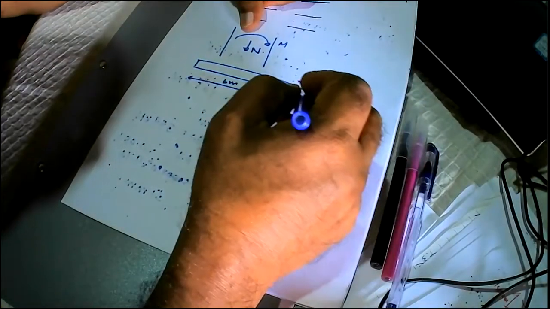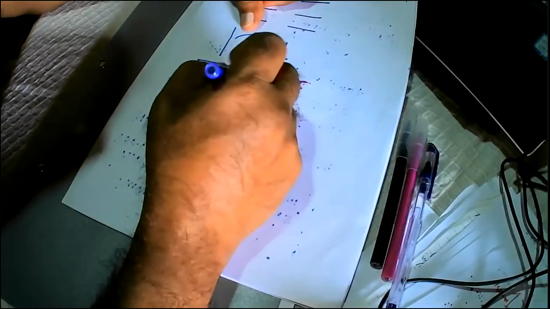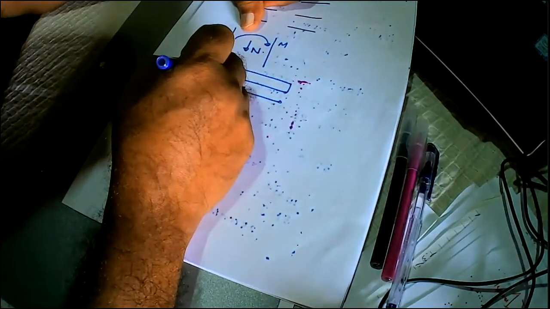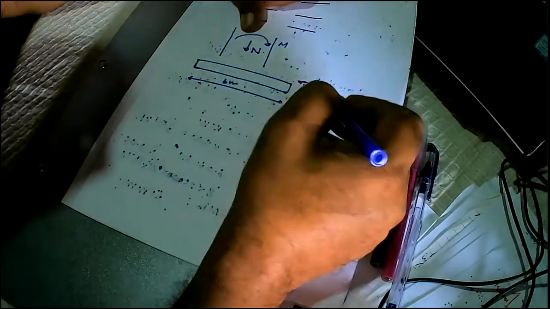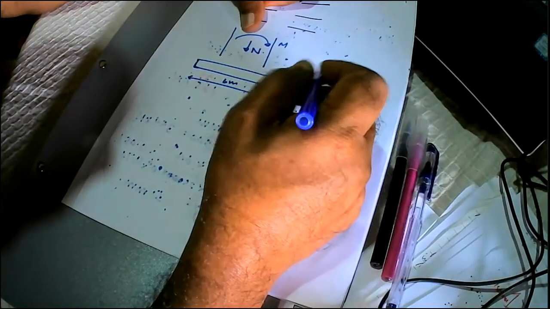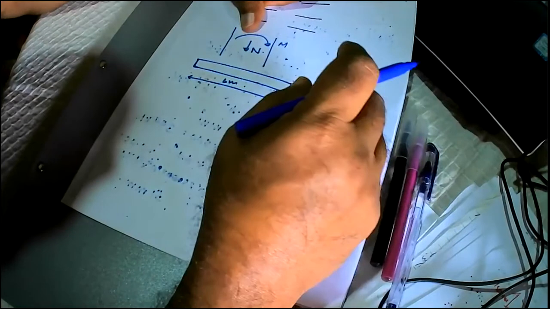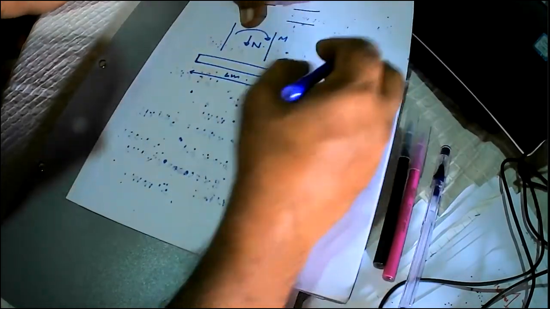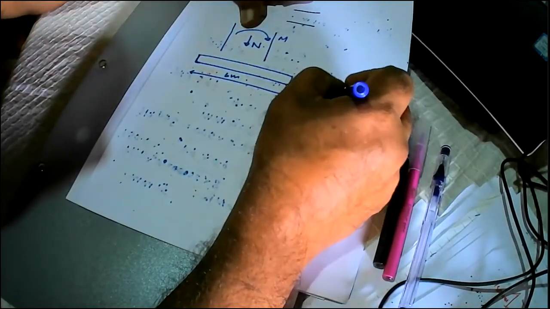So what you do is, there are two ways of finding the reinforcement. If there is no significant out of plane moment, then we can consider this as a column.